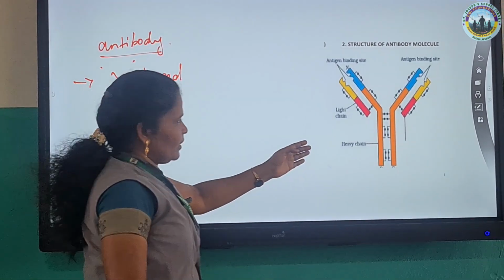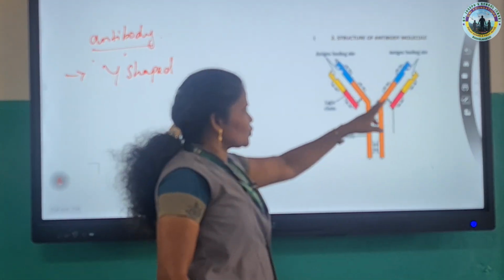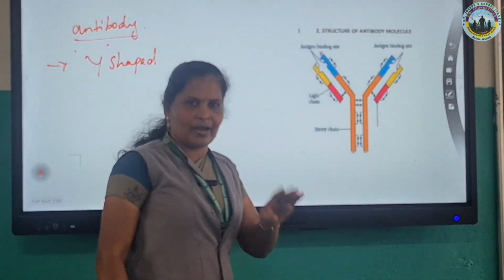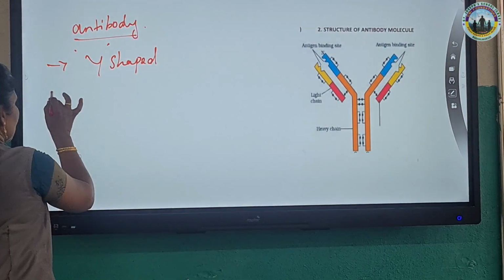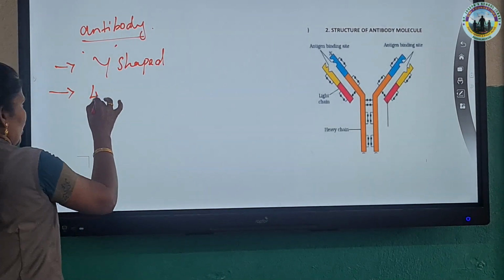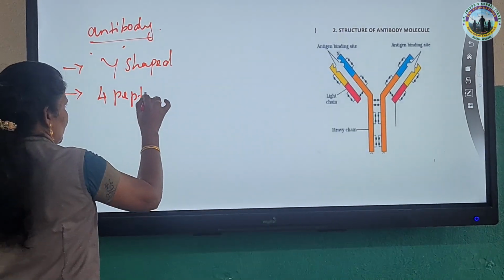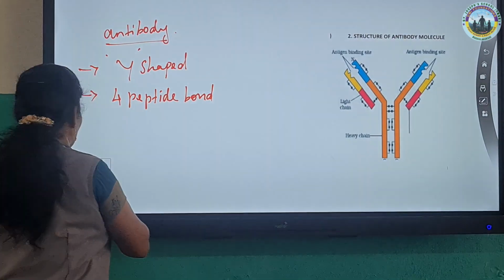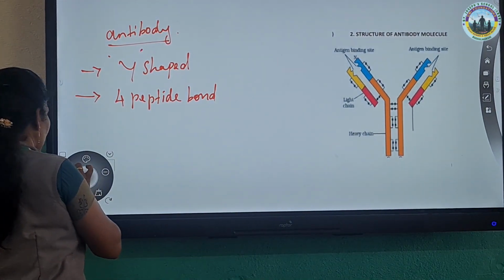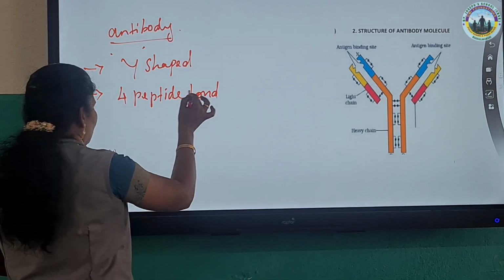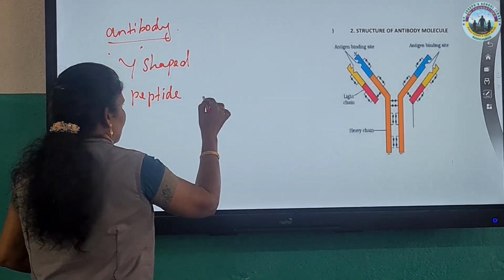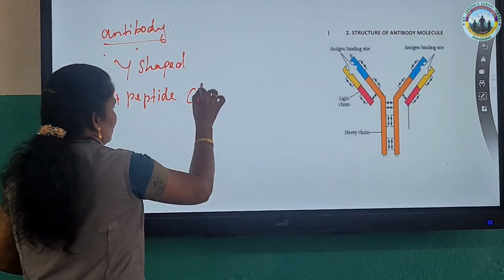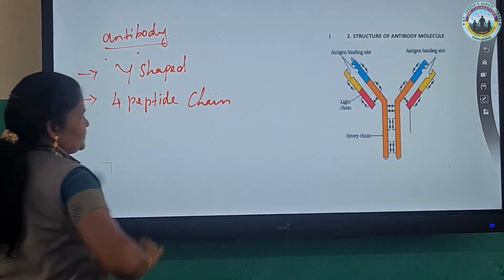Here you can see 2 small lines and 2 long lines. 4 lines are there. So this antibody has 4 peptide chains.